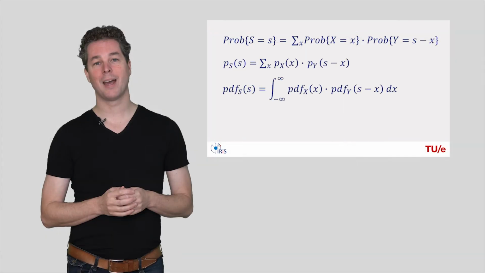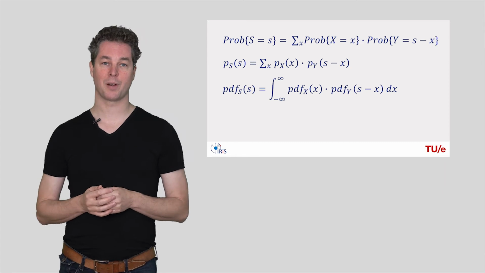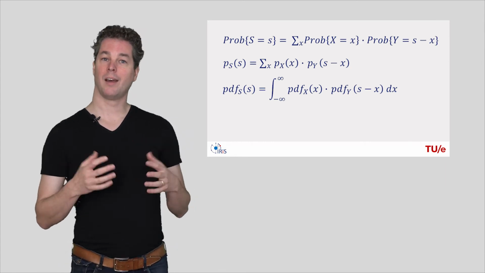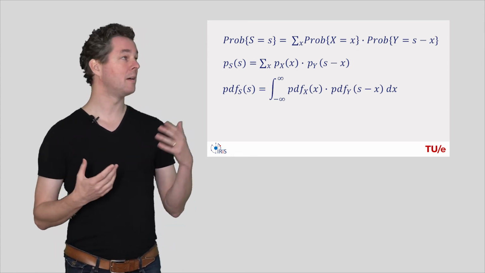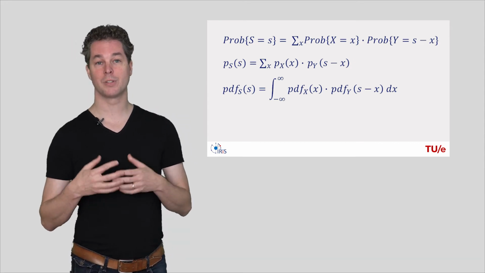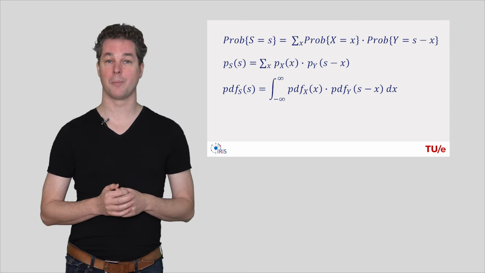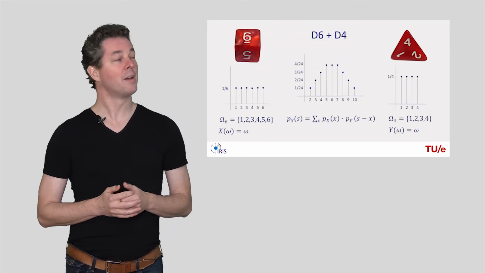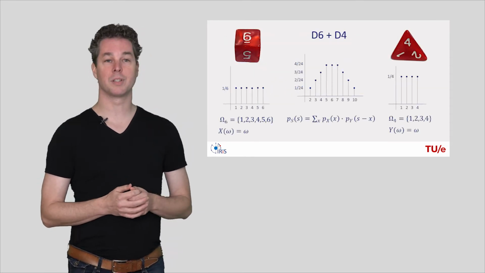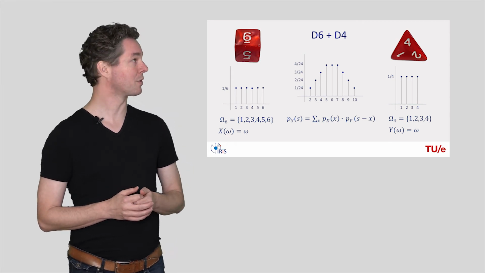So that's nice. If we have independent discrete stochastic variables, we can add them up and then determine the probability mass functions using this convolution. And if we do that for the example of a d6 and a d4, then we get this kind of a distribution probability mass function.